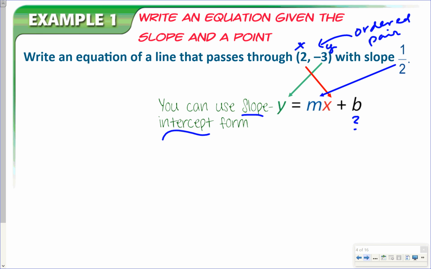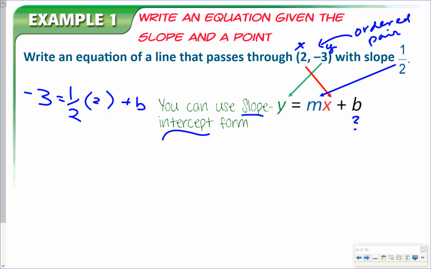I can't solve it that way, can I? If I just had one unknown, could I solve it? So that's the whole point of this. So I'm going to put -3 there equals, my slope is 1/2, and then what goes after it? 2. I would suggest you put it in parentheses, and then plus B.